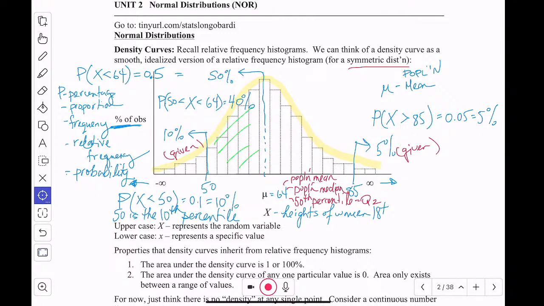If it's 5% above, then it's 95% below, right? So 85 is the 95th percentile.